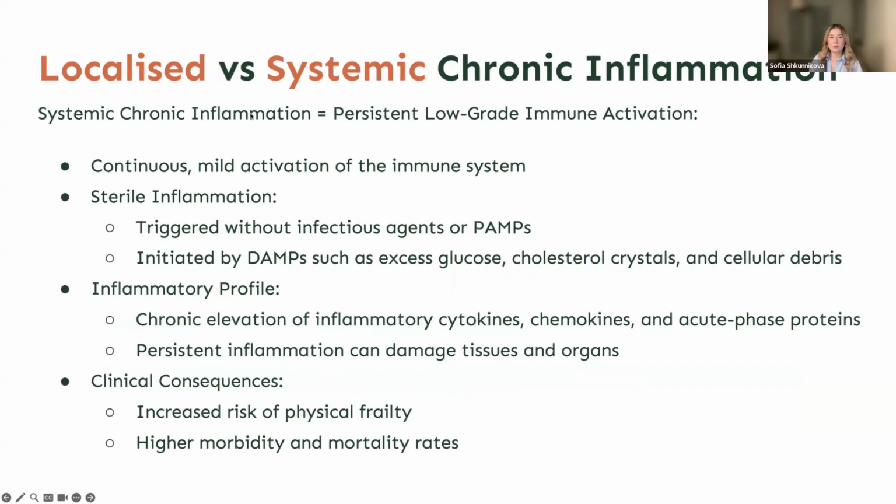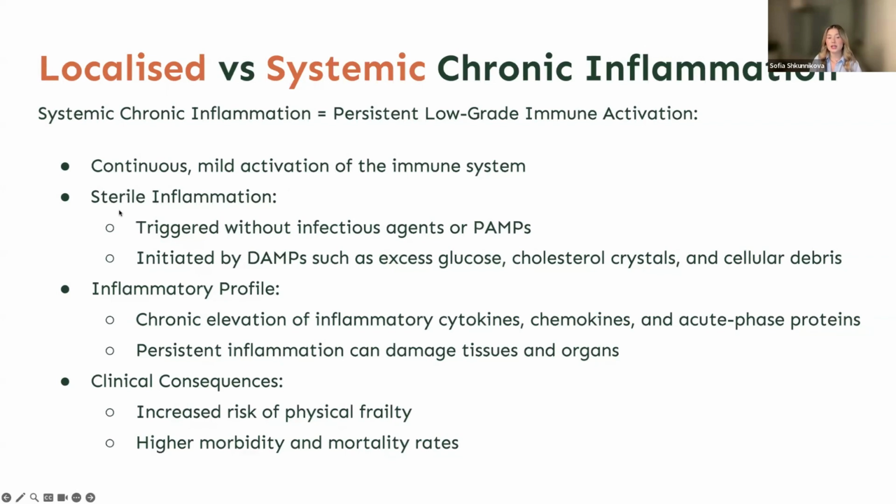So let's focus a bit more on this localized versus systemic chronic inflammation. So systemic chronic inflammation is this persistent low-grade immune activation, and sometimes it's also called sterile inflammation, which means that it is triggered without infectious agent or these PAMPs that we mentioned before. So it doesn't have to be caused by a bacteria or a virus.